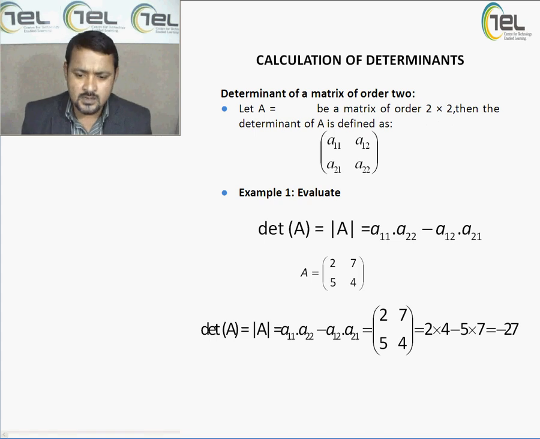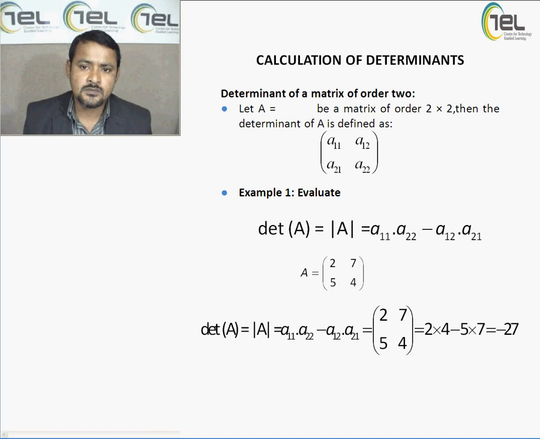But look at the matrix of order 2. M into n is 2 into 2. This is a 2 into 2 matrix, 2 rows and 2 columns. We can define this matrix as A11 and A12, A21 and A22. But what do these numbers tell us? A11 represents first row and first column.